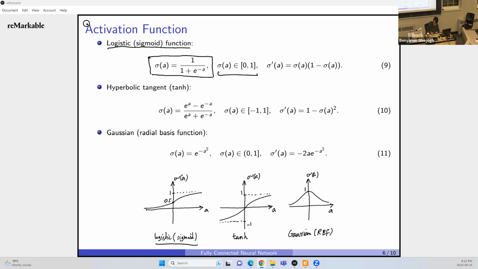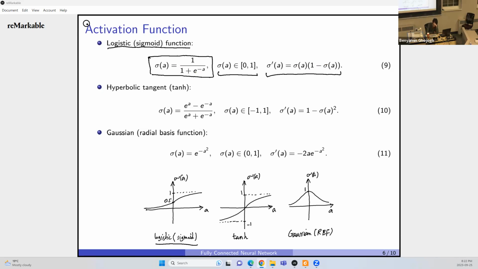As a goes to minus infinity and infinity, it will go to 0 and 1 respectively. Its derivative, if you simply take the derivative with respect to a, you will see that you can write it as sigma a times 1 minus sigma a. So its derivative is very interesting: it is itself times 1 minus itself.